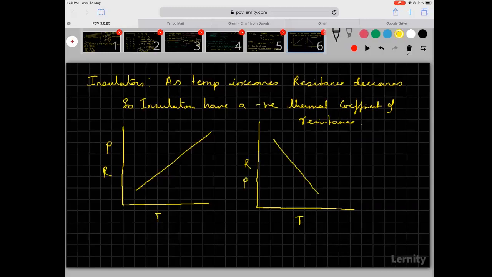Do you understand? So this is true for conductors. This is true for insulators. This need not be a straight line.